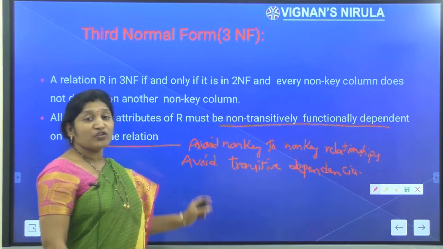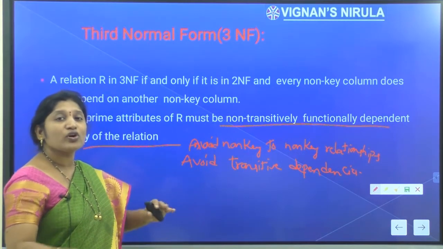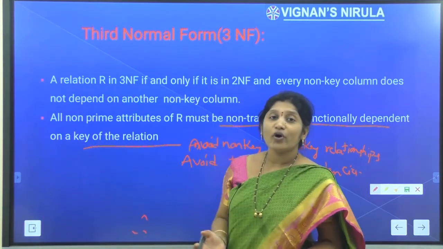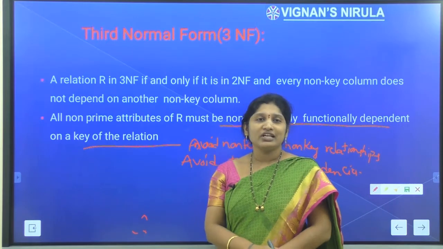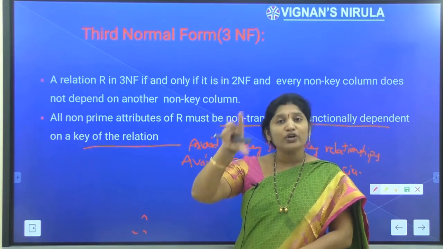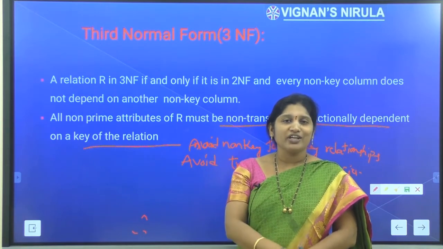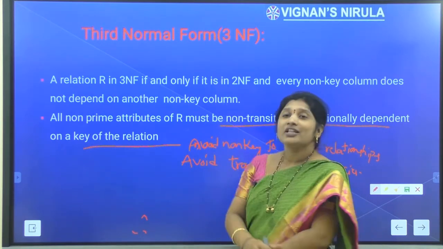So the aim of third normal form is to avoid transitive dependencies as well as to avoid non-key to non-key relationships. Every non-key should be non-transitively dependent on primary key attributes. That is the rule for third normal form.